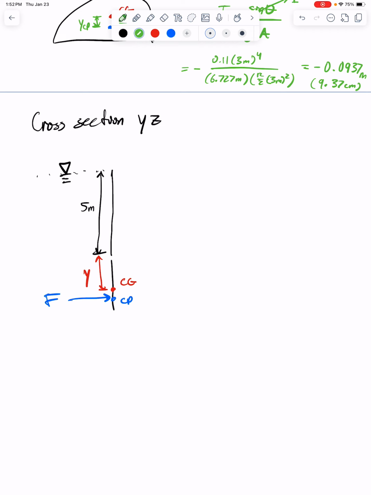We have the force that is being used to hold the gate in place. And finally, we have reaction forces at the base. Okay, so there's a lot of things going on for sure.